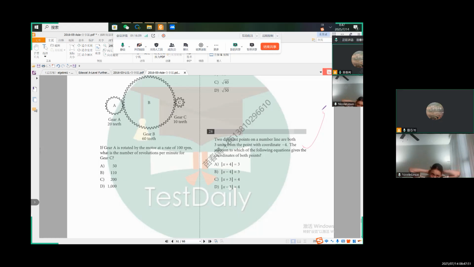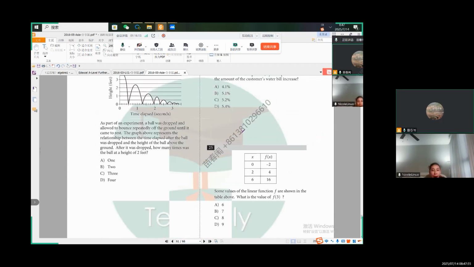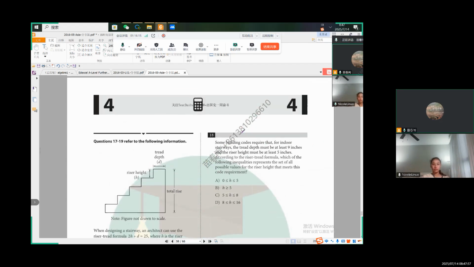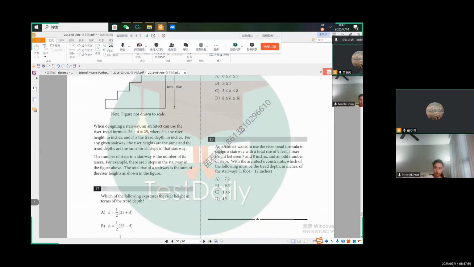I want to say something about the previous question too, since it's a little difficult or a little rare. Geometry. Just try to remember this can be solved: 108 over n between 7 and 8.